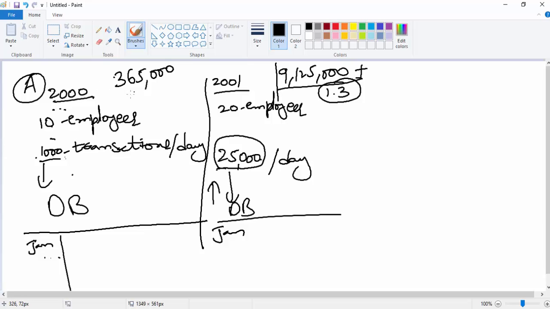So in 2000 you are writing queries against 365,000 records, but in 2001 you are writing a query against 1.3 million records. As the number of records increases, query performance is reduced, because the data is more in 2001.